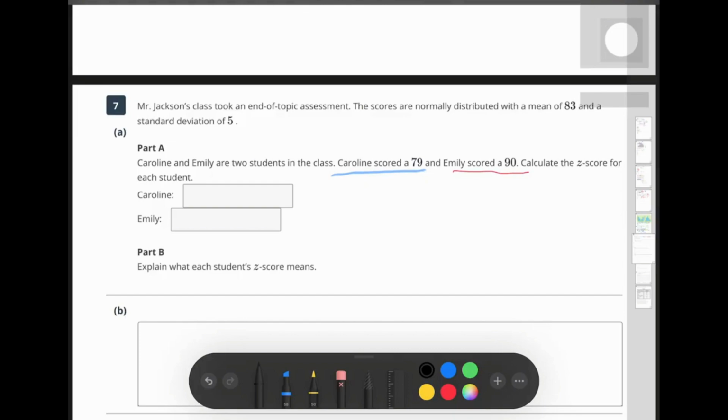So I'm going to go ahead and write the formula that we need for both of these. And when you want to compare these, we're trying to compare it with a same ruler or measurement, and that is the z-score. X, the number, minus the average divided by the standard deviation. So let's go ahead and use Caroline's.